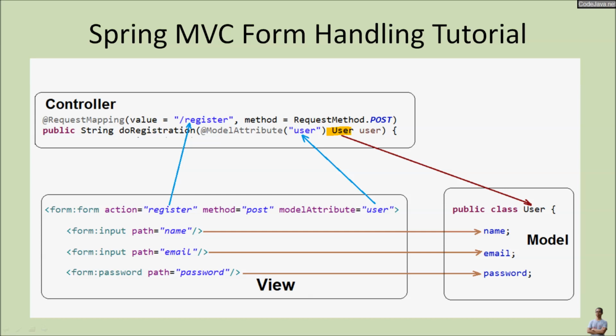And in the view, the names of the input fields must match the property names in the model class: email, password, and so on. So that's basically how to code form handling with Spring MVC in the controller class and in the view. Now let's code the view registration form here.